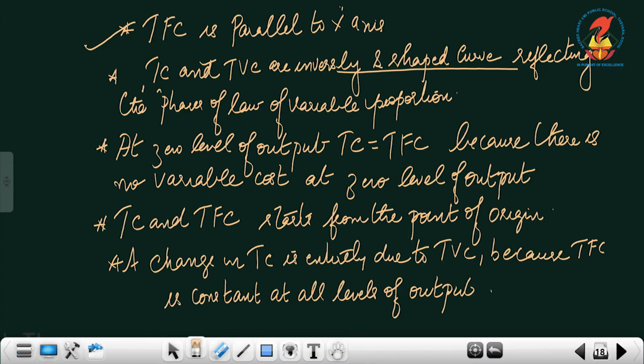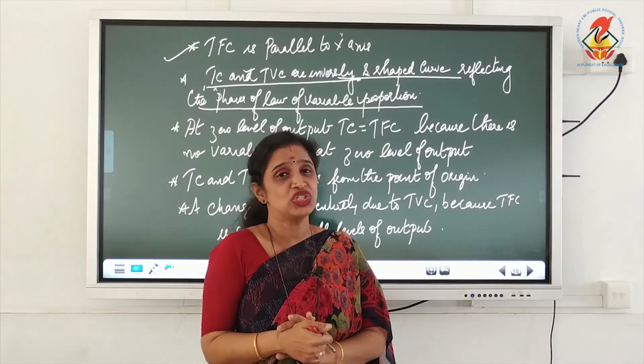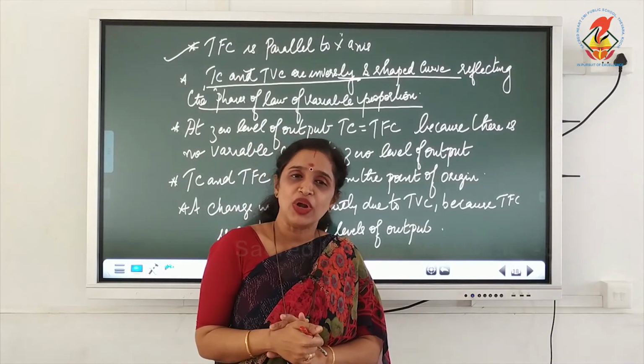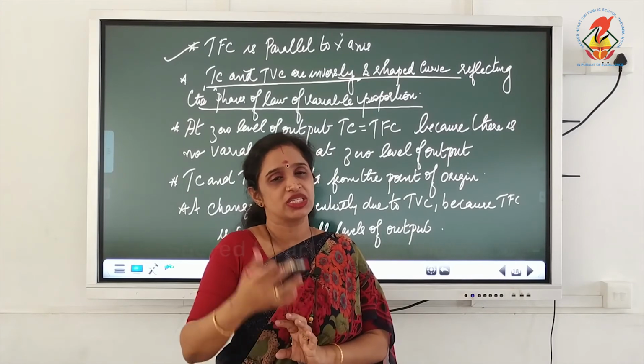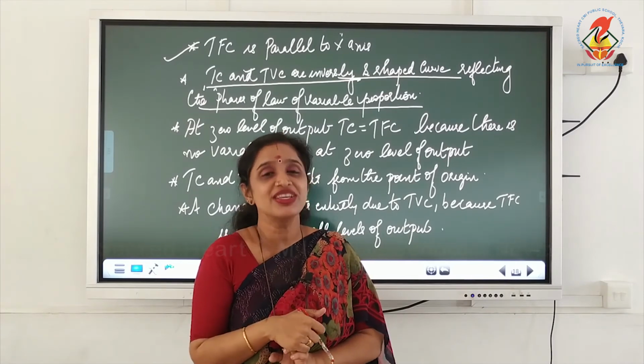That is why, as TVC is an inversely S-shaped curve, TC will also be definitely an inversely S-shaped curve. That is why in the second point, the explanation is given as TC and TVC are inversely S-shaped curves reflecting the phases of the law of variable proportion, because any change in the TC depends only on the change of TVC because TFC remains constant every time.